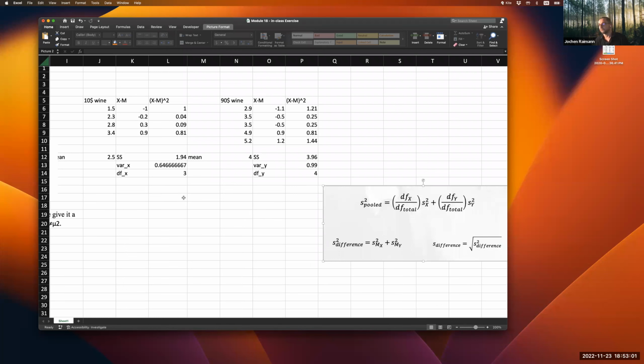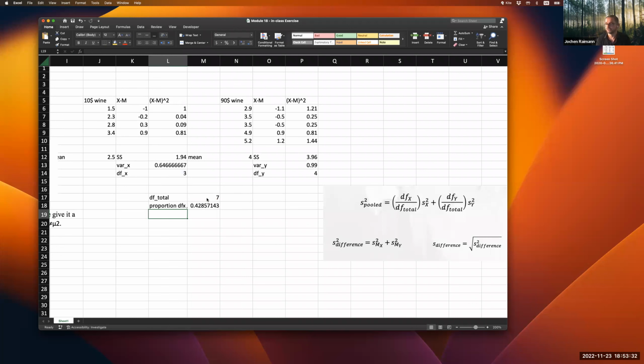So we have our degrees of freedom of X. We have now the degrees of freedom total, which is essentially degrees of freedom of X plus the degrees of freedom of Y. Now we need a proportion, dfx over df total, which is basically 3 over 7.